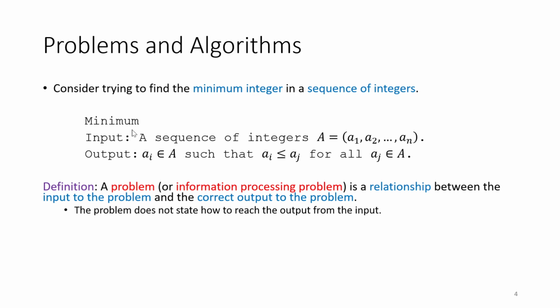Because we're looking for the minimum element in the sequence, if the sequence has no elements in it, that's not a well-defined instance of the problem. It's not a well-defined input. Our input probably should have at least one element in it if we want to return the minimum, because there is no minimum of a list of 0 elements. So for that reason, I'm going to assume here that our n must be at least 1. Otherwise, we have no appropriate output.